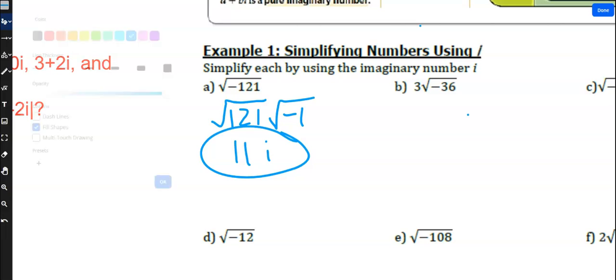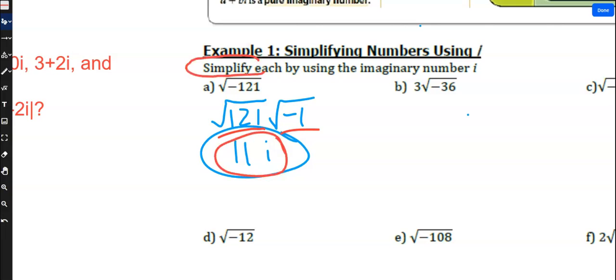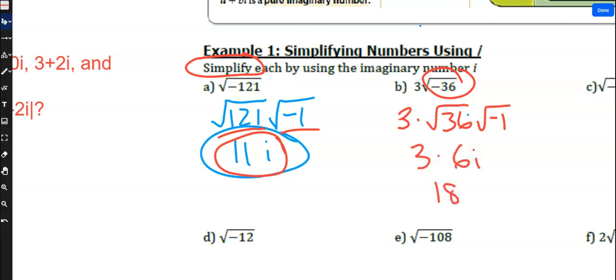You get your 11 from the square root of 121. You get your i from the square root of -1, and so that is literally the simplified answer to the question. So here, this is 3. This, that's square root 36, square root -1. So that's 3 times 6i.